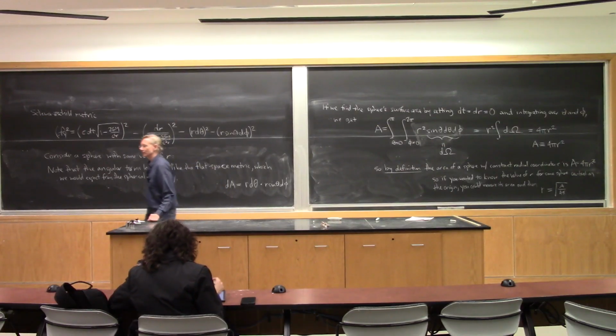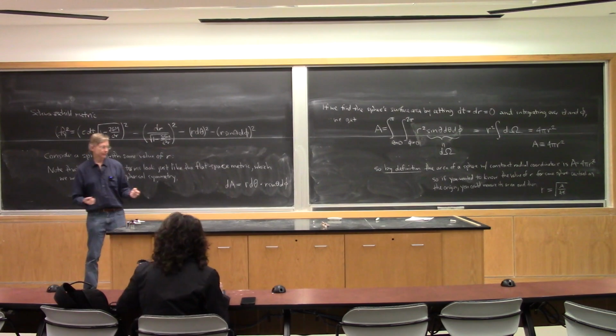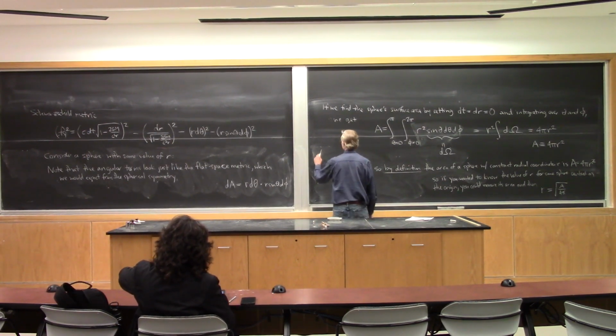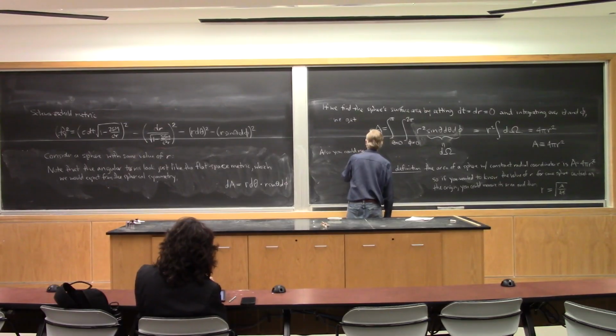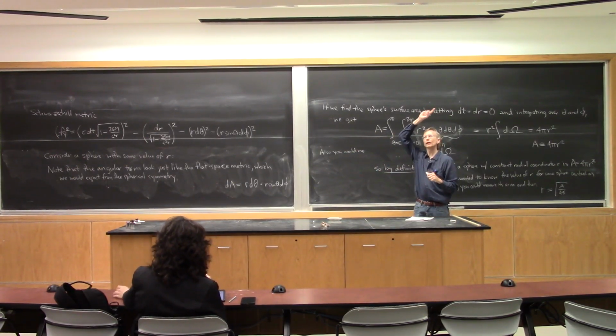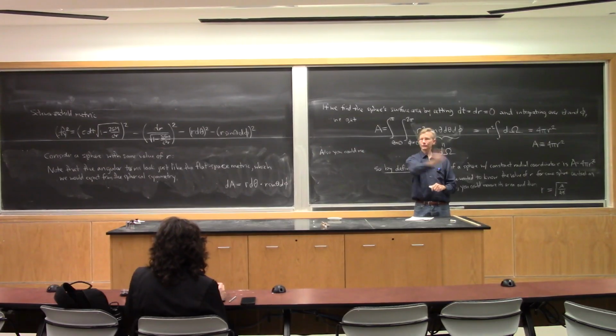You could also just measure the circumference, because it's also true, as we said before. You could set theta equal to pi over 2, so that you're in the equatorial plane, and then just walk around and measure the circumference.